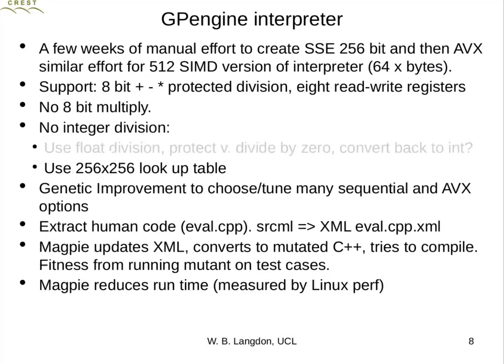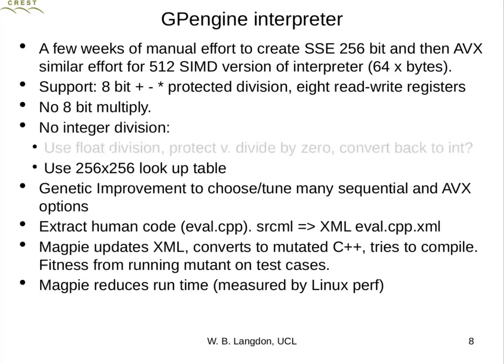In fact, it doesn't have any division at all. So we can't easily do division of 8-bit data. Instead, what we did was create a 256 by 256 lookup table. So we just look up the answer for protected division in that table.